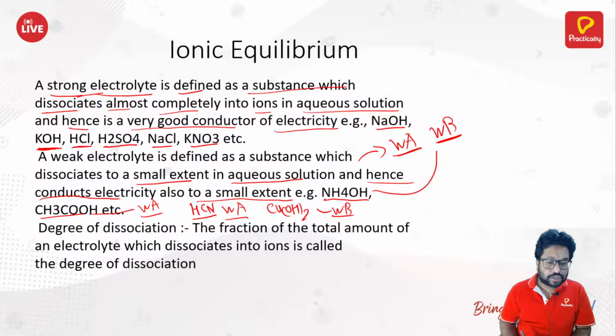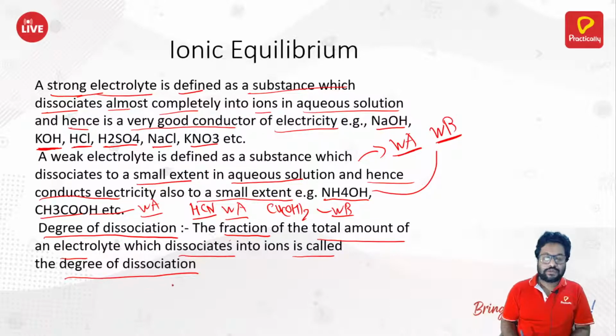Next, degree of dissociation. What is meant by degree of dissociation? It is the fraction of the total amount of electrolyte which dissociates into ions. Degree of dissociation is denoted by the symbol alpha.